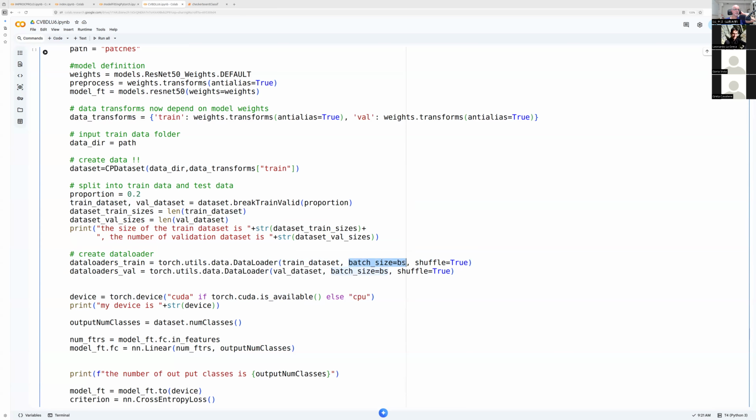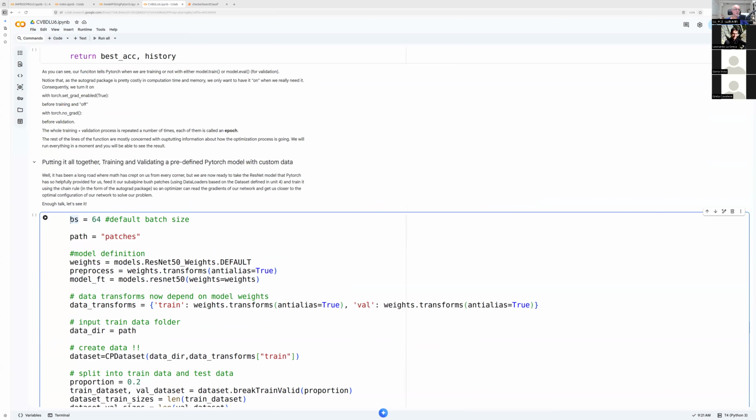What is the batch size? The data set is processed inside of the GPU in parallel. Okay. So I stack my data, my matrices, these are all tensors, matrices of higher dimension, and I put them together in groups. And these groups are processed in parallel. So if I want to process 64 at the time, I will define a batch size of 64, like happens here.